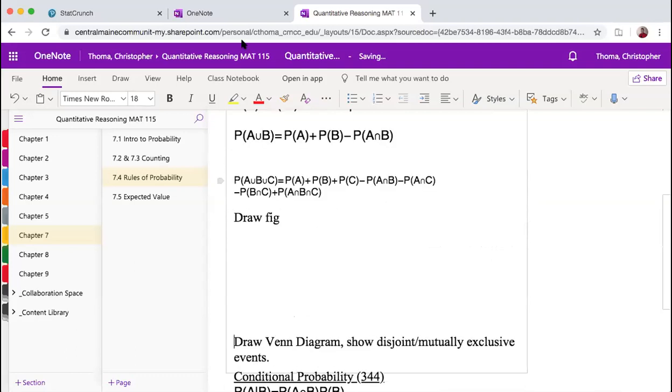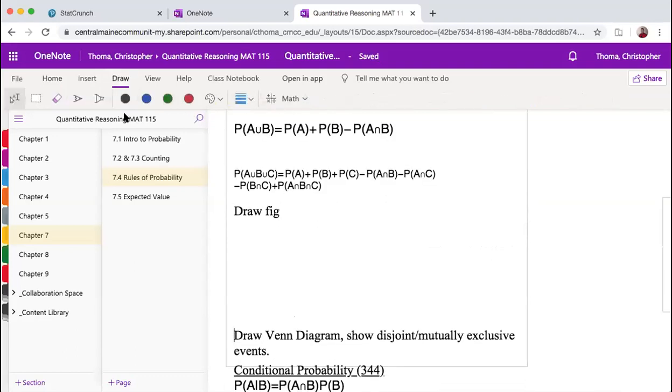So if we draw our Venn diagram, a little bit of a tail on that one. I erased the whole thing.